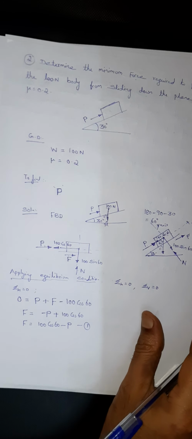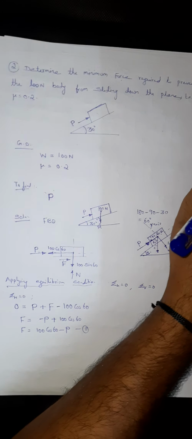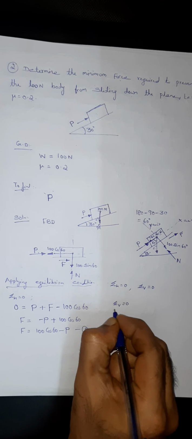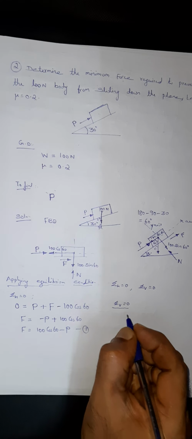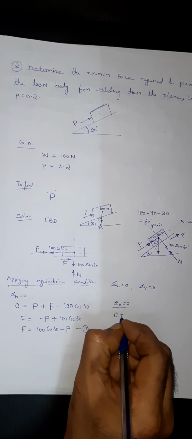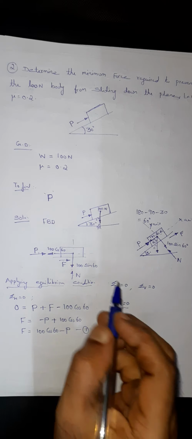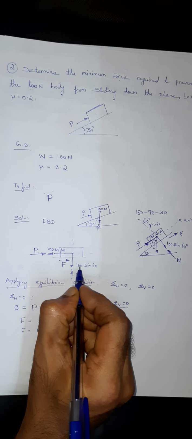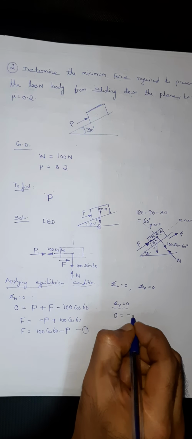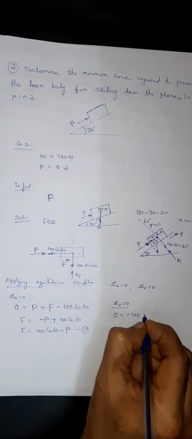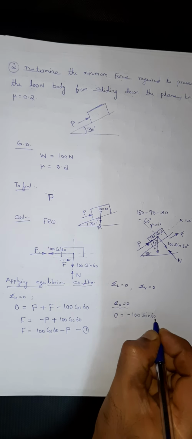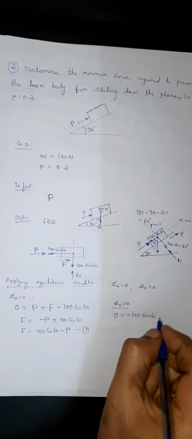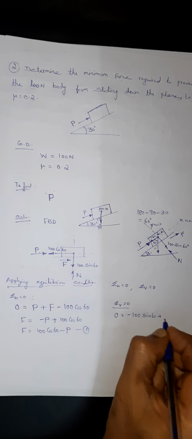Now let's resolve the vertical forces. Summation V is equal to 0. How many vertical forces are there? This weight which is acting vertically downwards carries a negative symbol, so 100 sine 60. This normal reaction acting vertically upwards carries the positive symbol. So N.